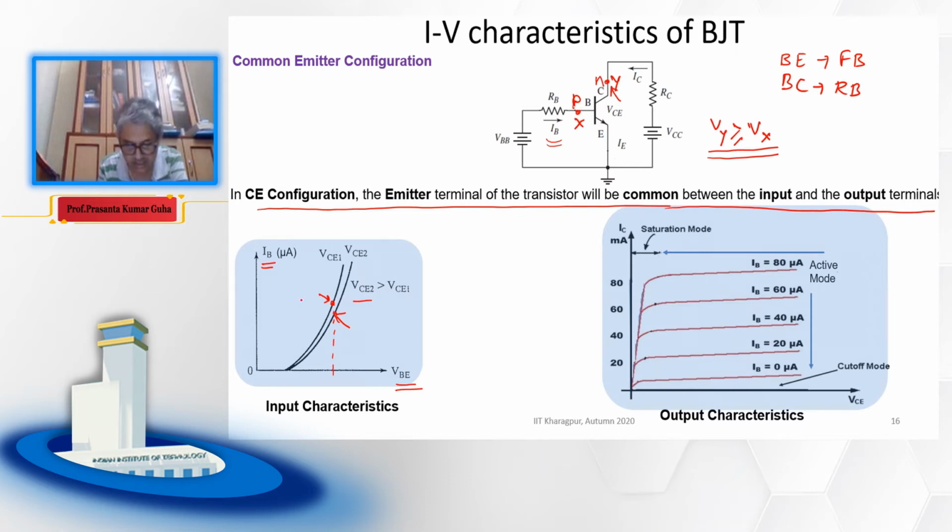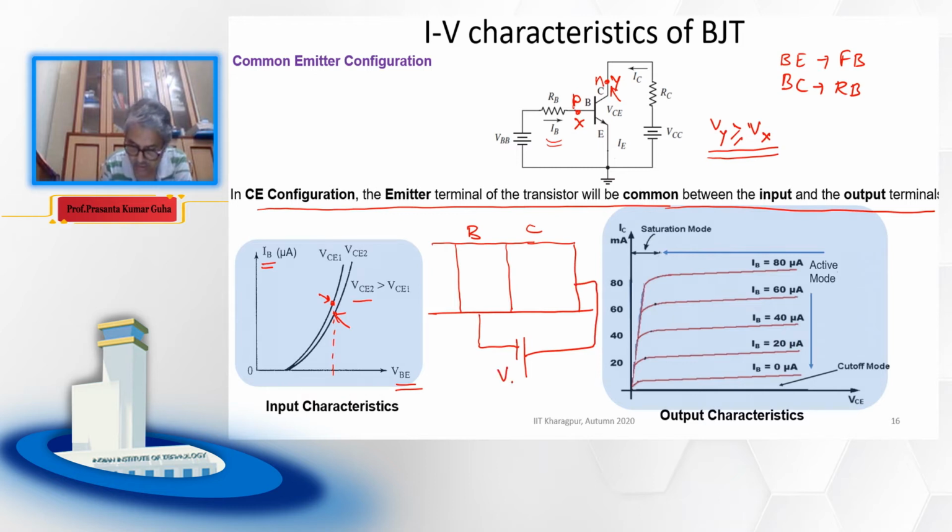Why does this base current decrease? We have discussed this before. You remember in the last class we discussed that this is our base and this is our collector, and we have reverse biased it. Say this is VCE1.